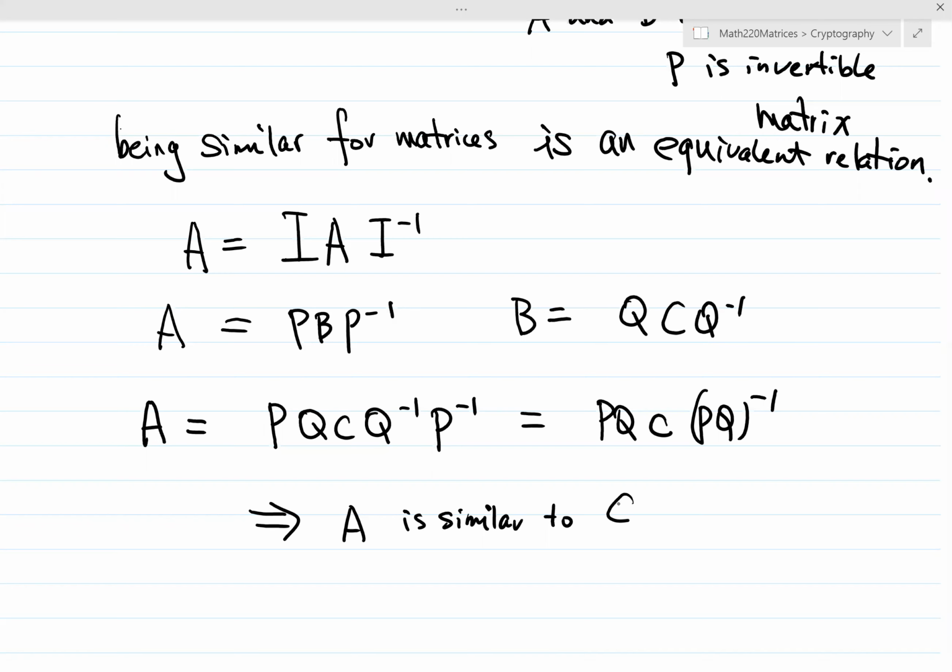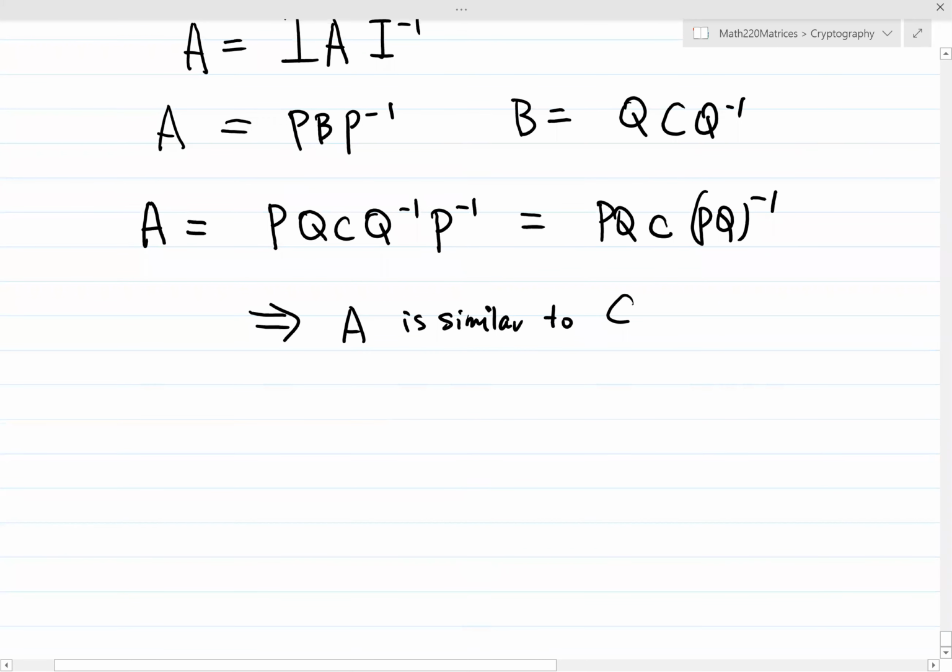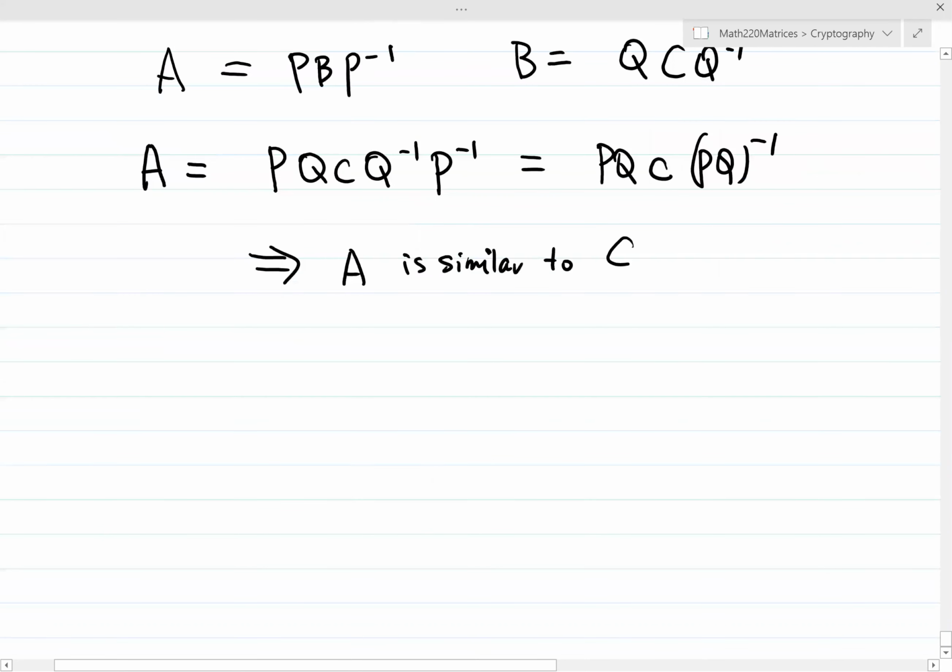We have a lot of this kind of equivalent relations. For instance, matrices being congruent is also an equivalent relation. You can check. For instance, congruence of numbers in modulo arithmetic is an equivalent relation.